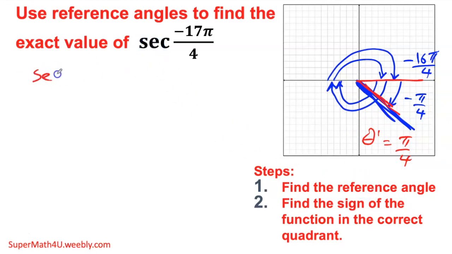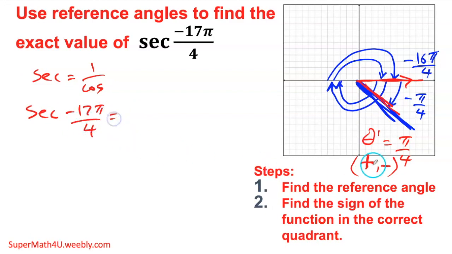Secant is 1 over cosine. Q4, that's the quadrant that I'm talking about. In Q4, my cosine is positive and my sine is negative, but I'm talking about cosine, therefore my cosine is positive and my secant is positive. So secant of negative 17 pi over 4 is the same as positive secant.